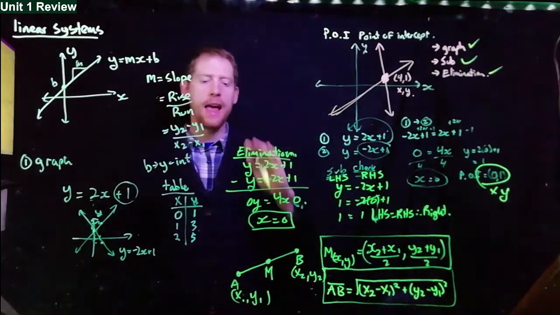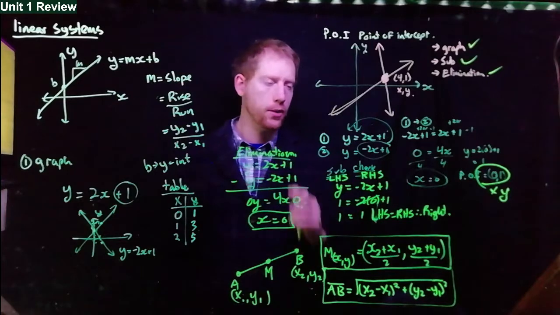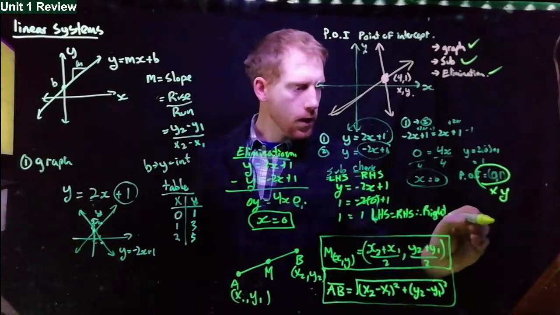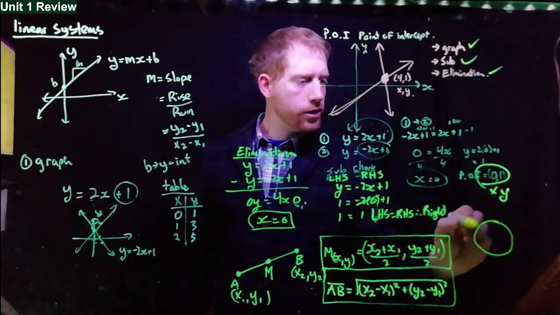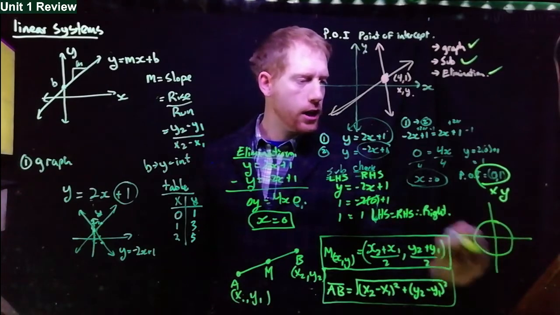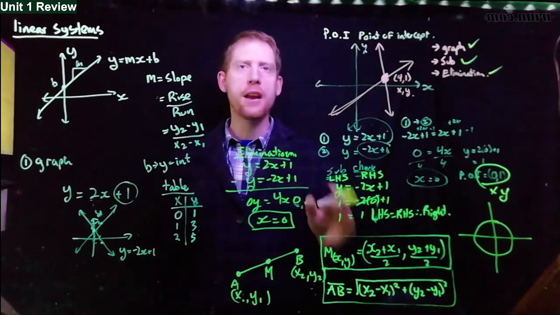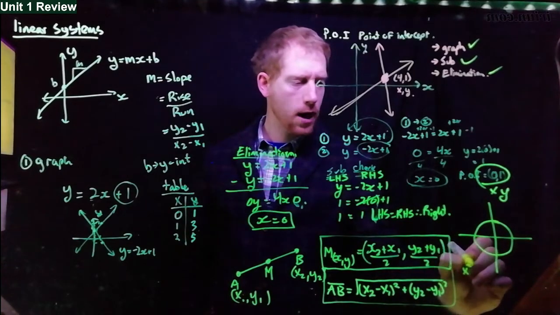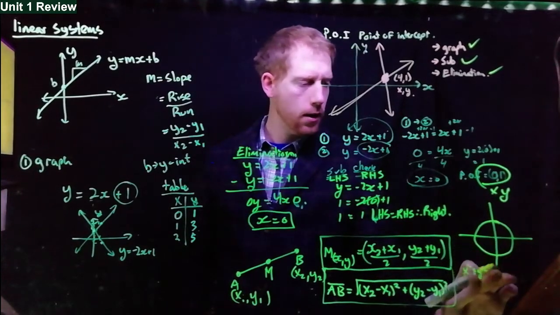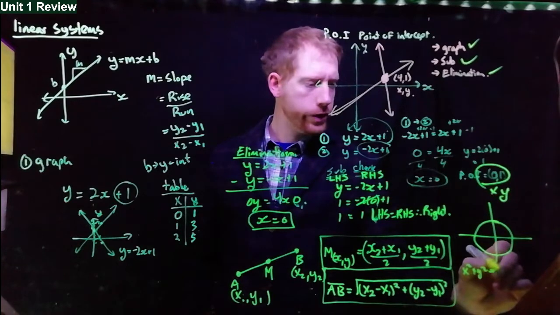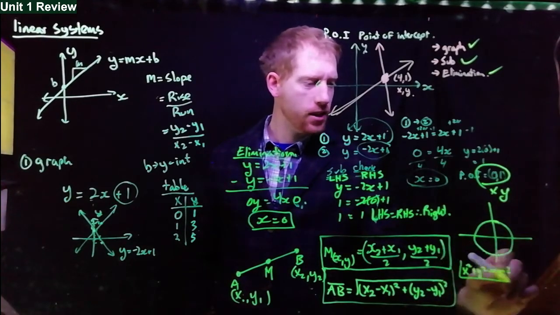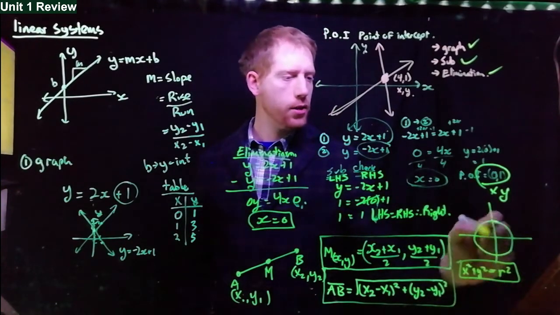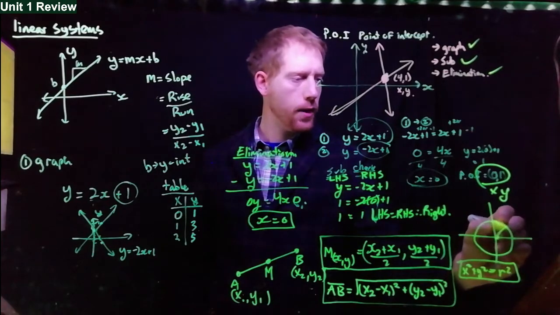And then the very last thing that we studied was about circles. Circles is a type of equation here as well. Now the general equation of that is x squared plus y squared is equal to r squared. That's the general equation, where r is equal to the radius. So you need to find out the radius here.